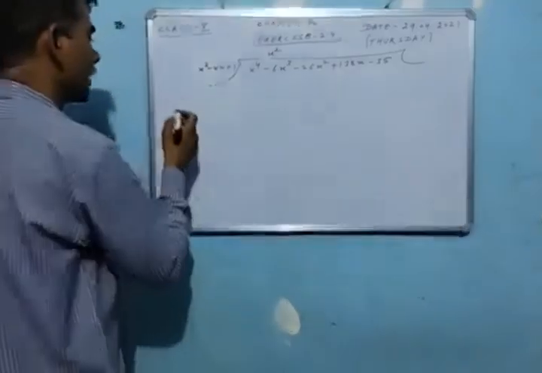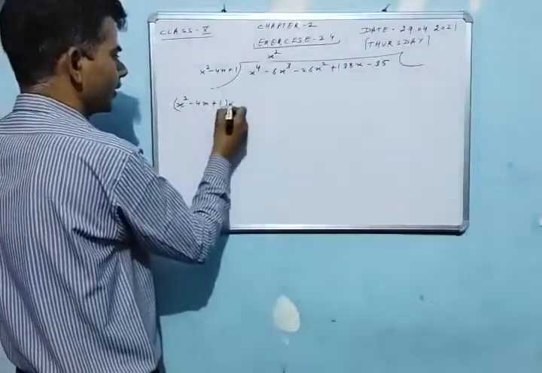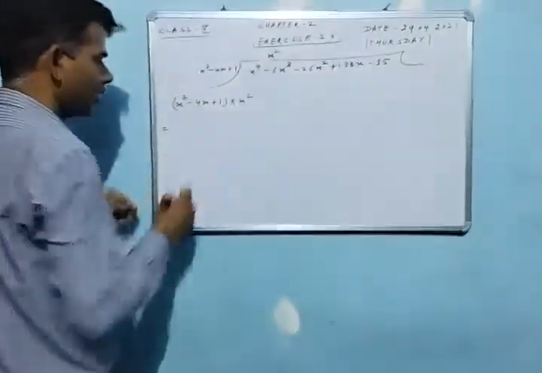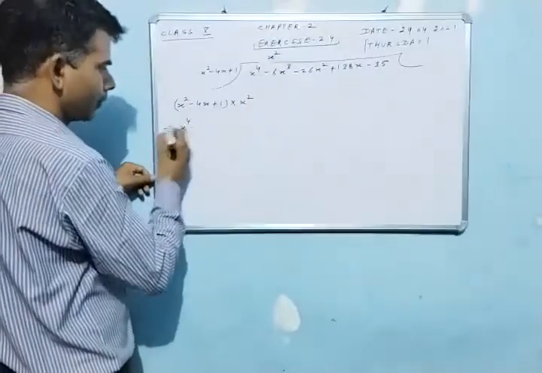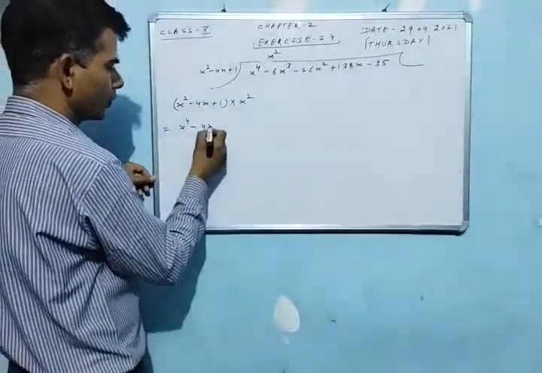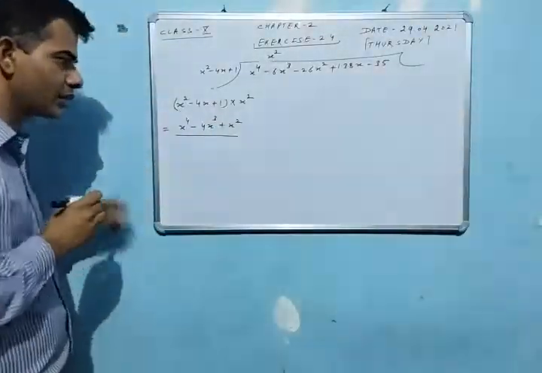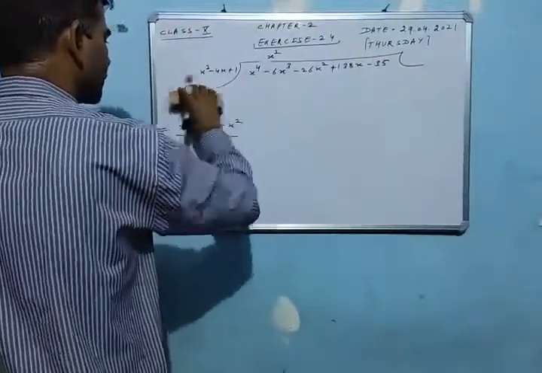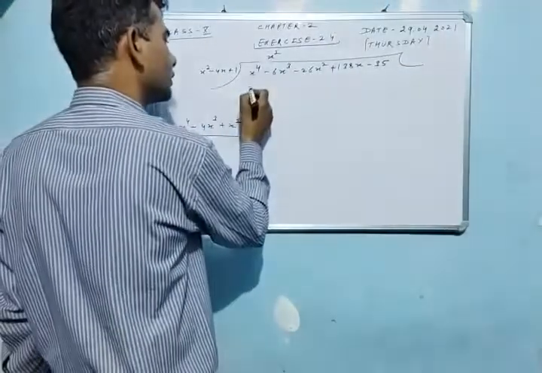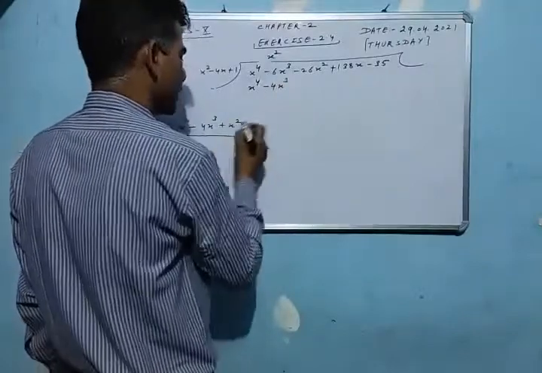Now students, x square minus 4x plus 1 multiplied with x square gives x raised to power 4 minus 4x cube plus x square. Now students, write the like terms downwards: x raised to power 4 minus 4x cube plus x square.